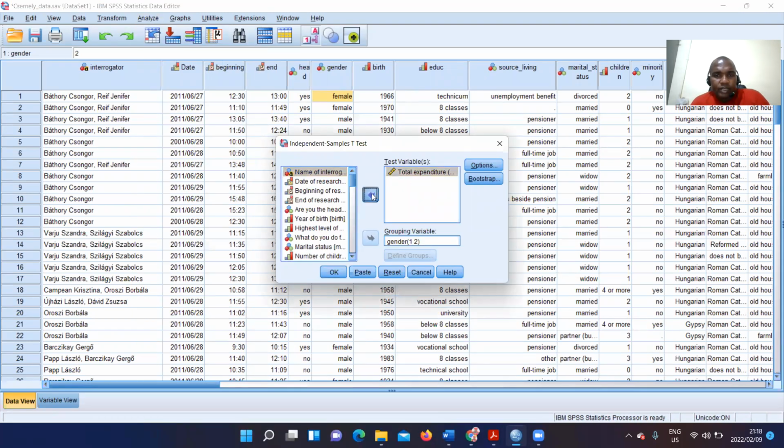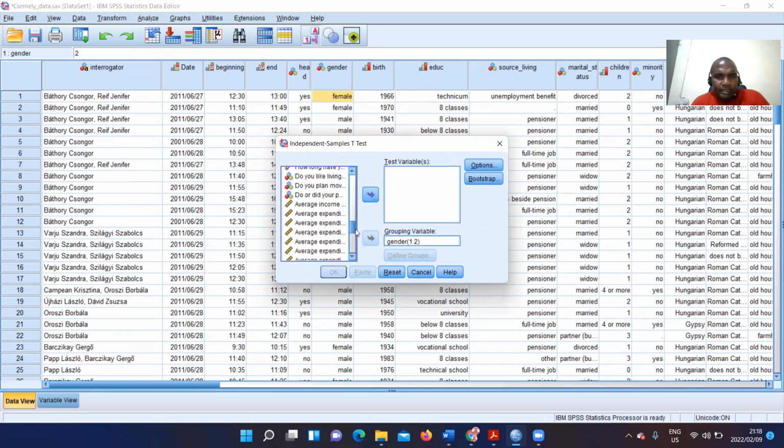And then instead of total expenditure, we select average expenditure on heating. Because if it is total expenditure, it's total expenditure on all of these things. But we want average expenditure on heating. That's what we're interested in. On heating in Hungarian forint per month.